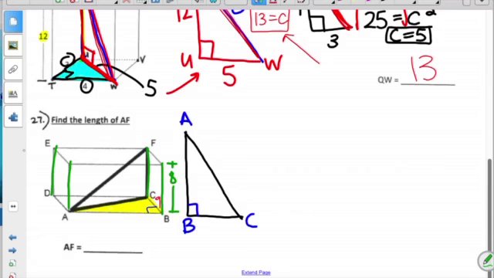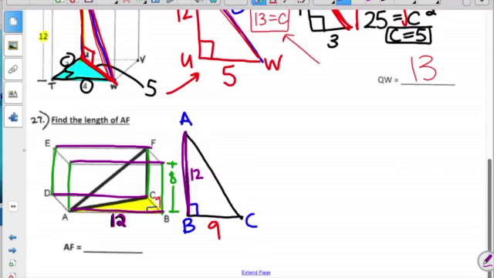And we know that CB is 9, so let's add that. And I'm going to give you AB also, which is 12. Let's get a different color. Okay, so this is 12, AB, so that means that AB right here on our diagram is 12. And these are all also 12. Okay, all the purple ones are 12.